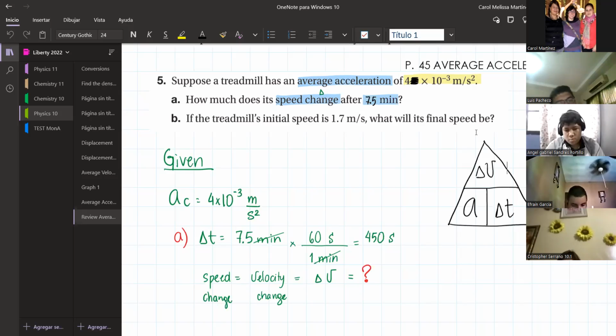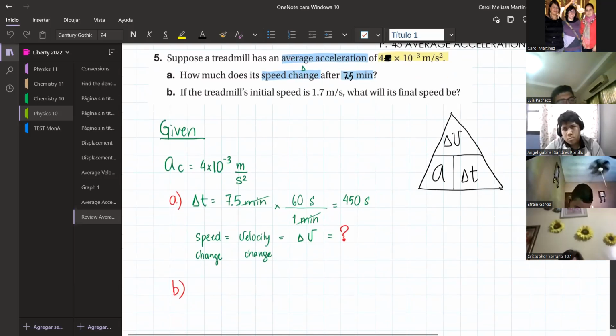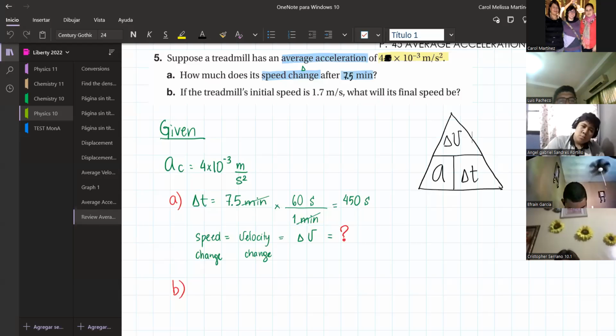And in part B, it says that if the treadmill's initial speed is 1.7 meters over second, what will its final speed be? So in here, they are giving me the initial velocity. Initial speed is the same as initial velocity, okay? And to express initial velocity, we say VI.